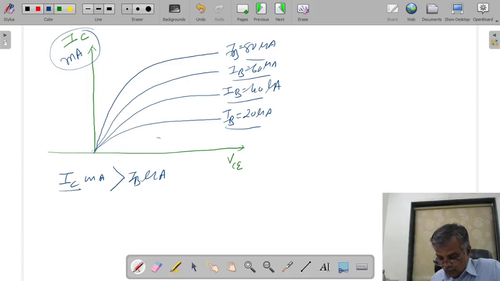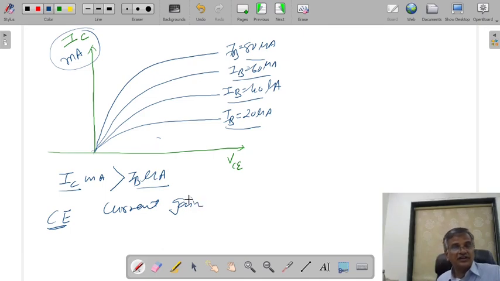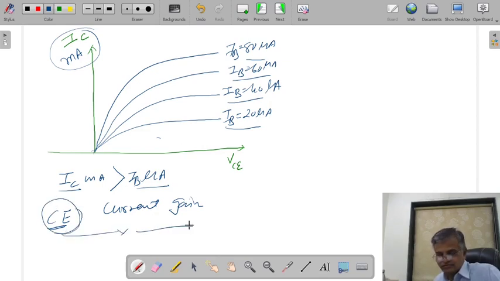This configuration, the common emitter circuit, can be used for current gain. If you want to amplify the current, if you want to get gain in current, then the common emitter configuration can be used. Today I am ending the lecture here.